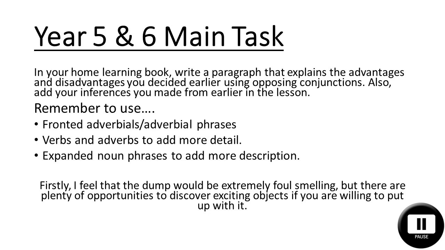Remember to use fronted adverbials and adverbial phrases, verbs and adverbs to add more detail, and expanded noun phrases to add more description. Here's an example to help. Firstly, I feel that the dump would be extremely foul smelling, but there are plenty of opportunities to discover exciting objects if you are willing to put up with it.